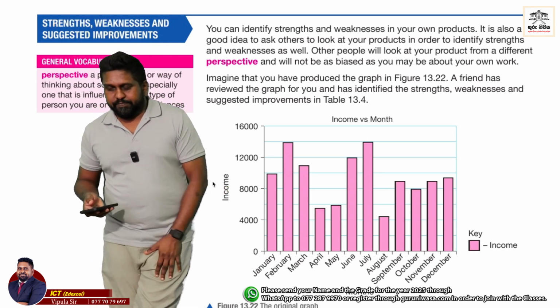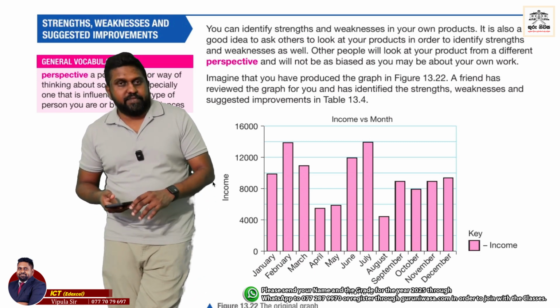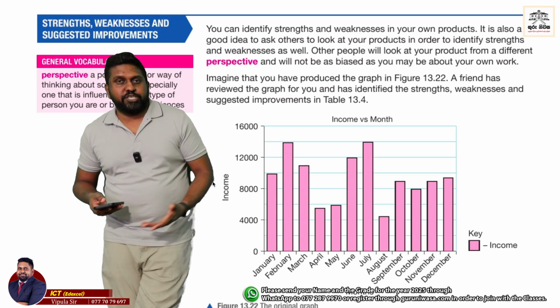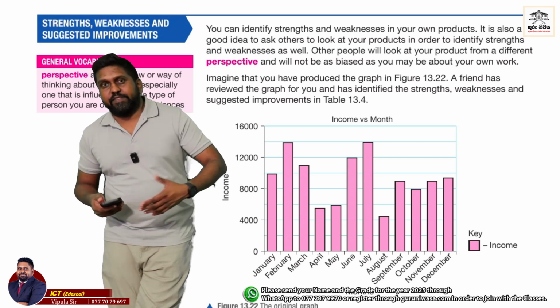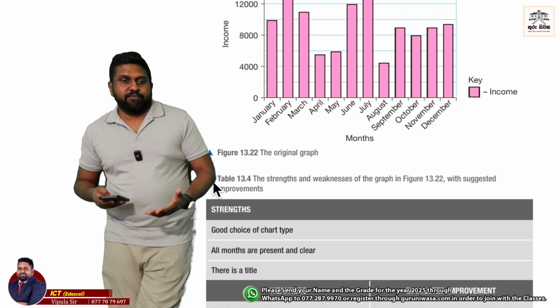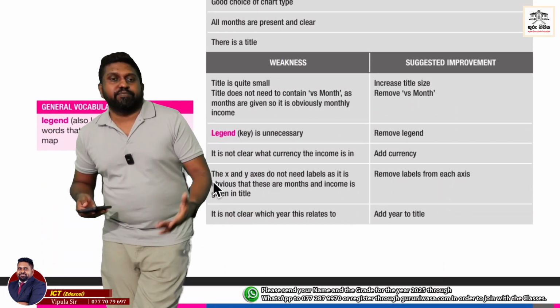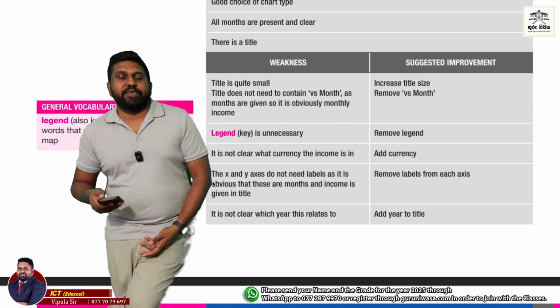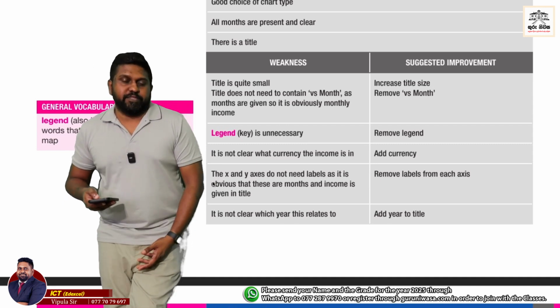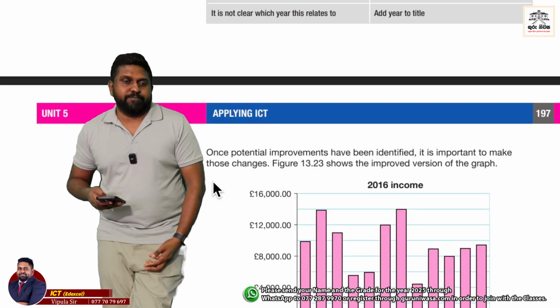PickMe and Uber and all these companies have their own evaluation bodies. They evaluate themselves, check for strengths and weaknesses, and create suggestions for improvements. Only then can they come up with a proper platform, right?